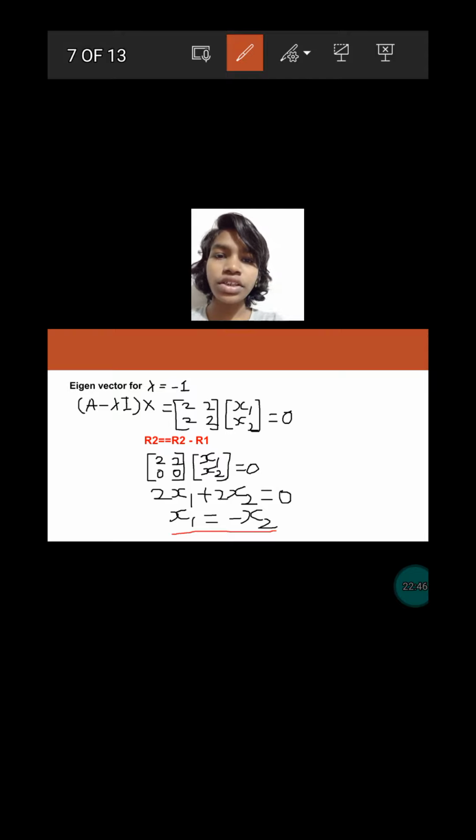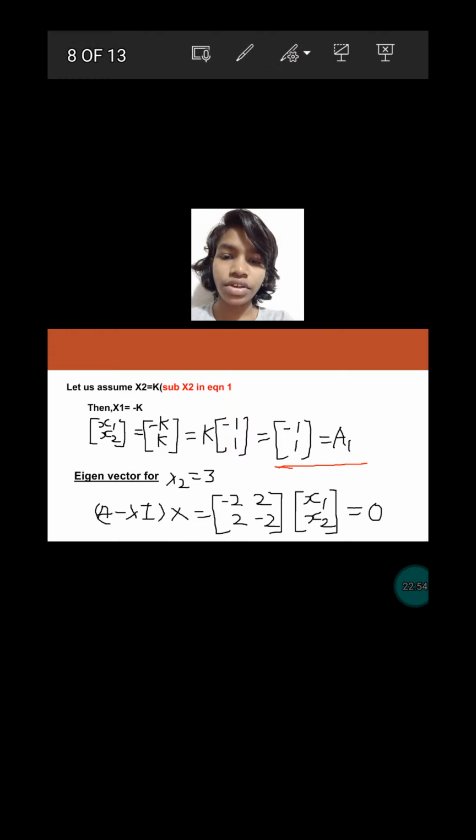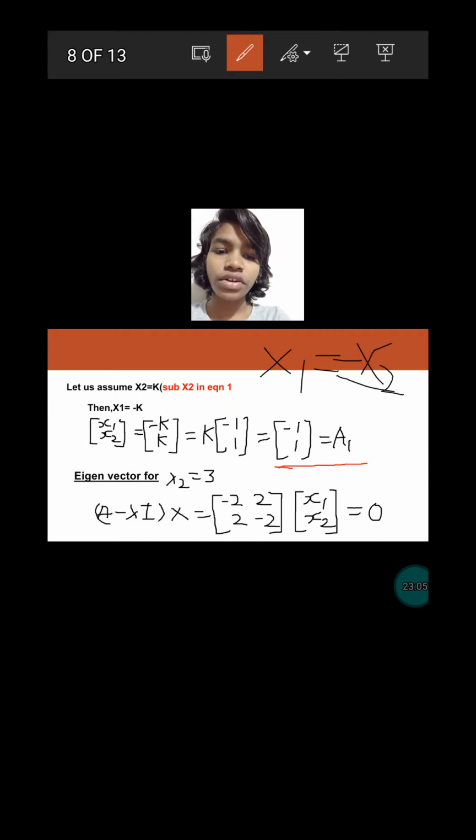Now let us consider x2 equals k. We can also take x1 equals k. From equation 1, we know that x1 equals minus x2. Here we have x2 equals k, then x1 equals minus k.